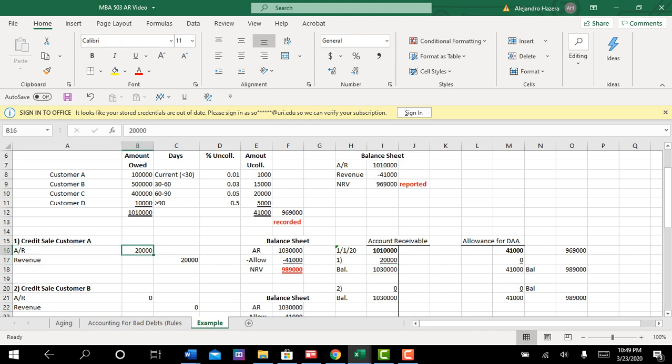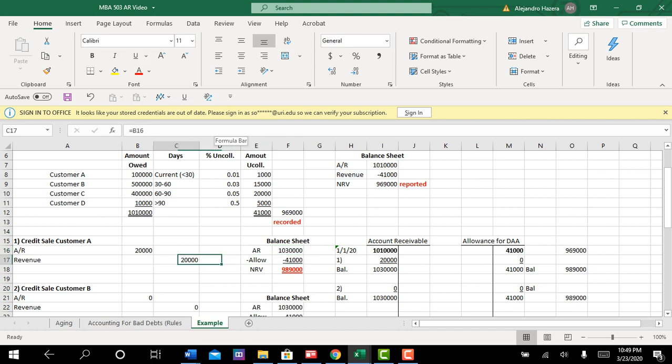So this entry right here is posted right there, and the new balance in the account is simply your original balance of $1,010,000 plus your debit to accounts receivable, your credit sale of $20,000, to give you $1,030,000. Now notice that the $1,030,000 is equal to what you're presenting on your balance sheet right there.